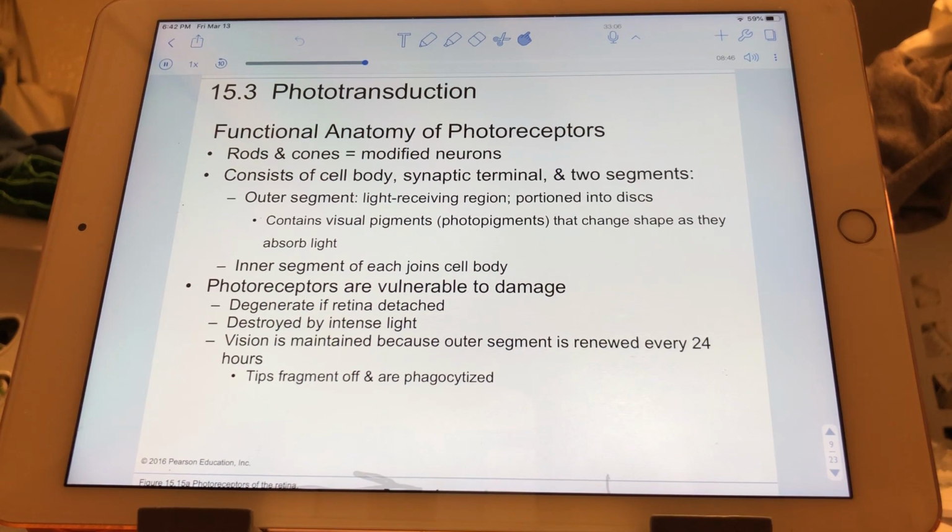And then those older discs of the outer segment are phagocytosed by that pigmented layer of the retina, those cells that look kind of like macrophages and have so much surface area available. They will phagocytose older discs of outer segment.